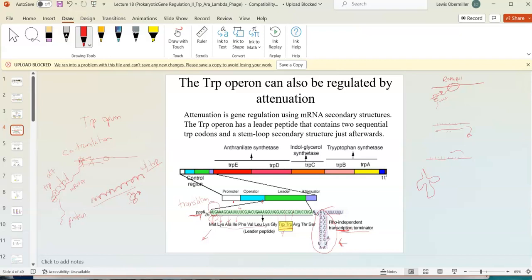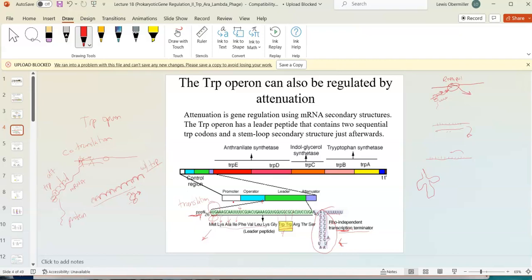So if you want to know more, take a molecular genetics class, and I definitely talk about rho independent and dependent termination. But I'm not going to do it here. Let's just think about this ribosome. If this ribosome catches this polymerase, just like if someone's chasing someone with the football, they're going to tackle them and knock them to the ground.